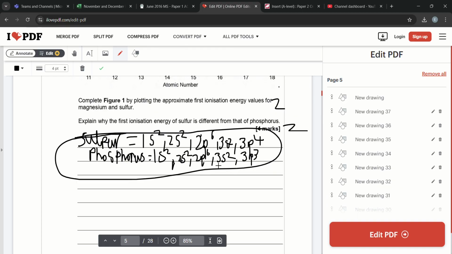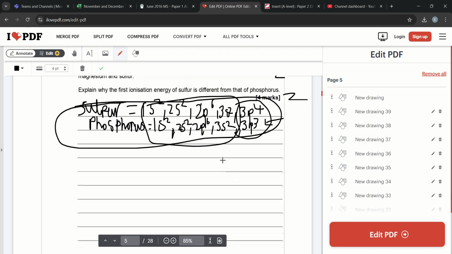Now you can clearly see the electron configuration in terms of the s and p orbitals. So why is the first ionization energy of sulfur different from that of phosphorus? If you look at the p orbitals, because the rest is the same, we don't really care about that. 3p4 is going to have paired electrons in the 3p orbital, whereas in phosphorus, each of them has its own electron, one here, one here, and one here.